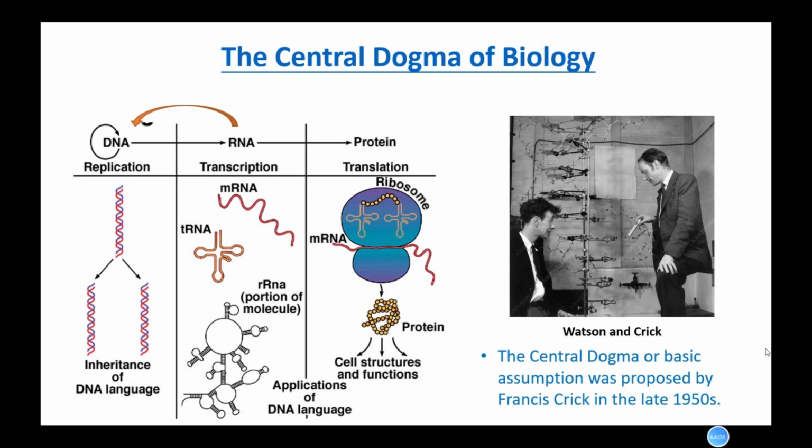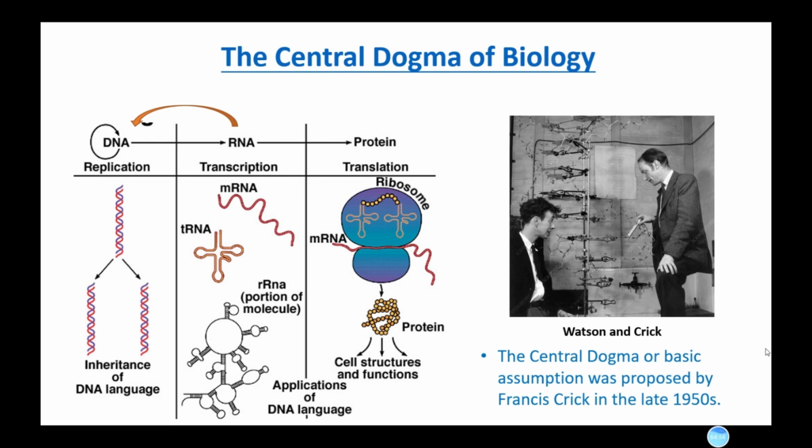Does anyone know this term, central dogma? You learned it in high school, right? No? Central dogma was the theory proposed by Francis Crick. This is Crick. This is Watson.